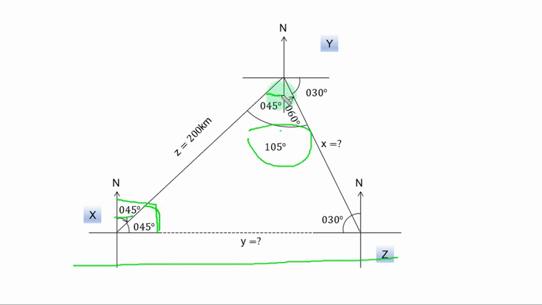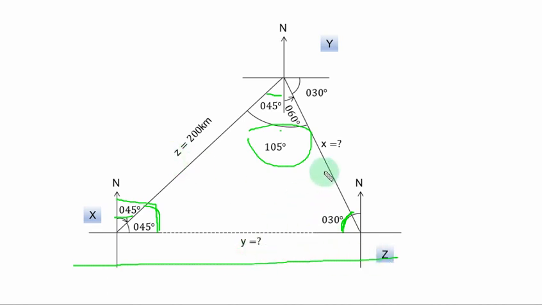Alternate angles. From here to here is 120. So this remaining angle must be 60 degrees. So 105 plus 45 degrees, that is 150. The third angle, this angle is 30 degrees. So you label this as side s, the side opposite angle S, the side opposite angle Z.